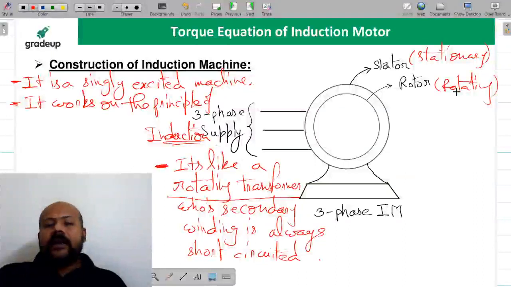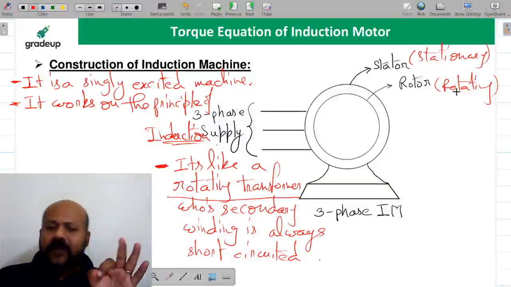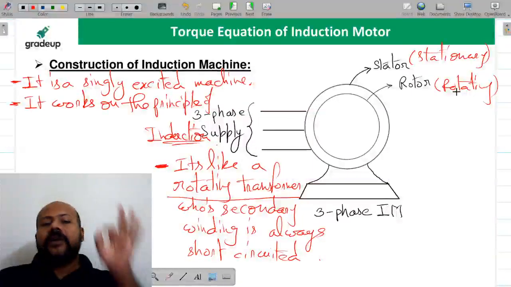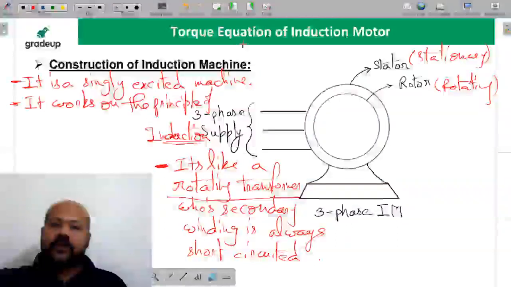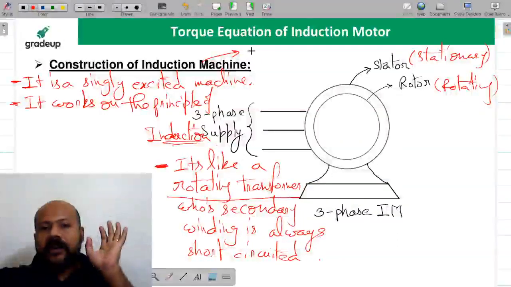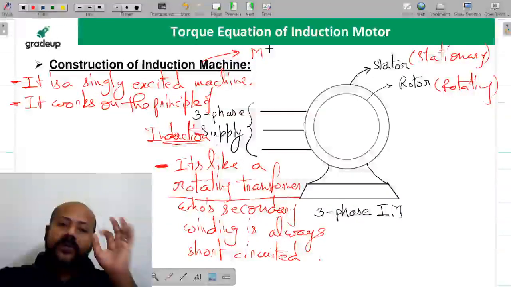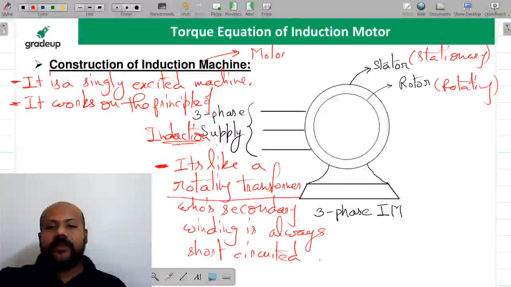Simple as that. Now what we are going to do, we will understand when we discuss the working principle of induction machine, but this much you should understand, because we are talking about motor. Whenever you are talking about induction machine, 95% of your discussion is going to be on induction motor.